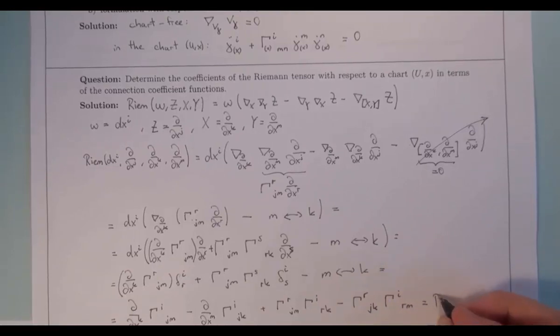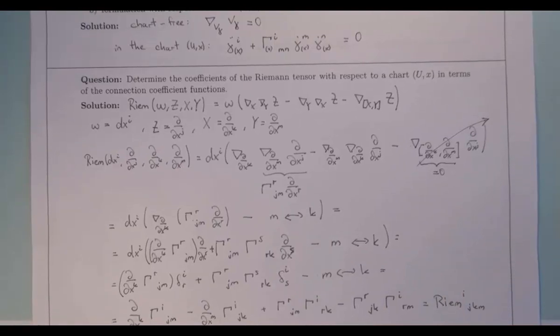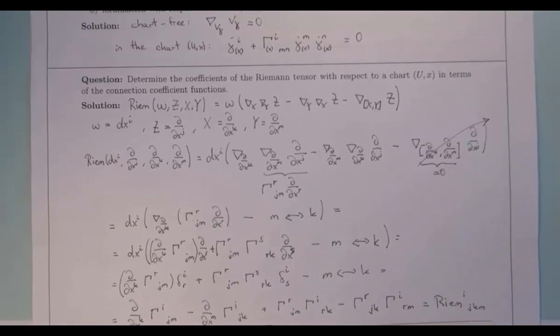And these are the components of Riemann curvature, Riem i, j, k, m. And this is an important formula which you need to remember.